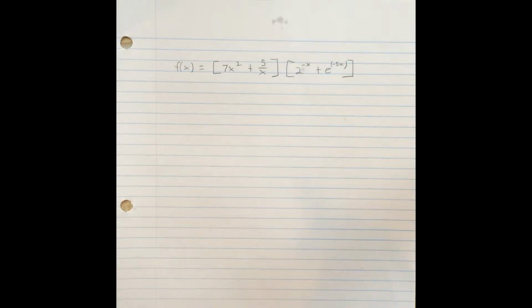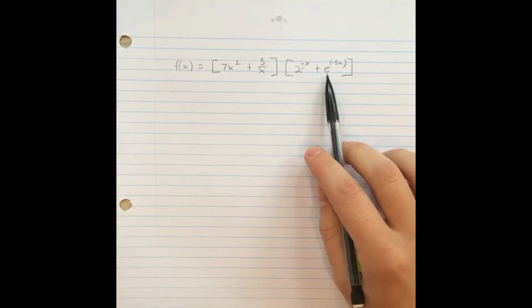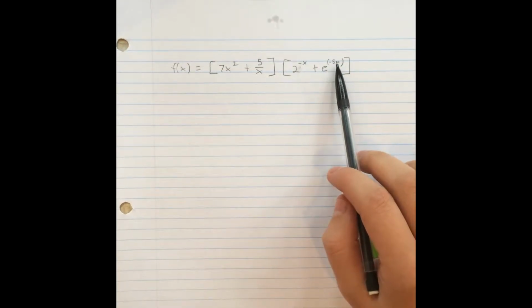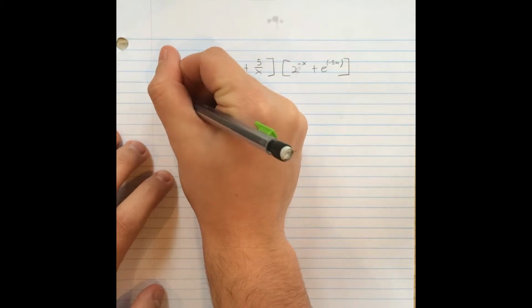Okay, so today we're going to be doing a product rule example, and this actually involves using a couple of extra rules here. You can see that we have a number to a function, so we're going to have to use an extra rule.